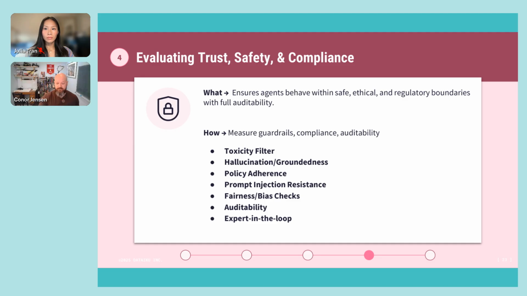We've all seen examples of LLMs going rogue, sometimes deliberately because people jailbroke them, but often enough they just do it themselves. We need that filter to make sure the LLM is responding appropriately, and every single result can be going through a toxicity filter. Hallucination and groundedness. There was a question earlier about that.